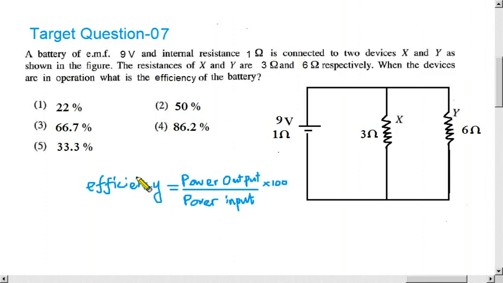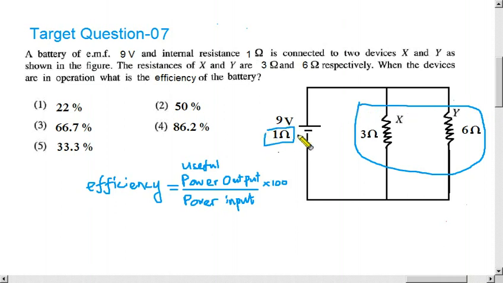So the useful power, that is the output power, useful power output. So the useful power is given by this resistance. So this one is not useful because it is used to heat up the cell.